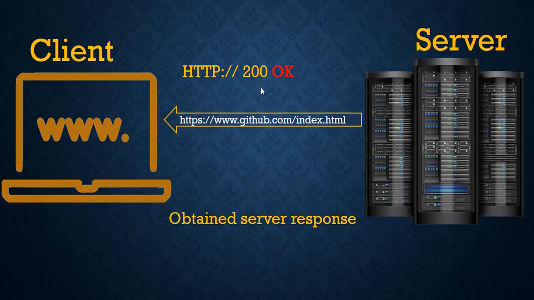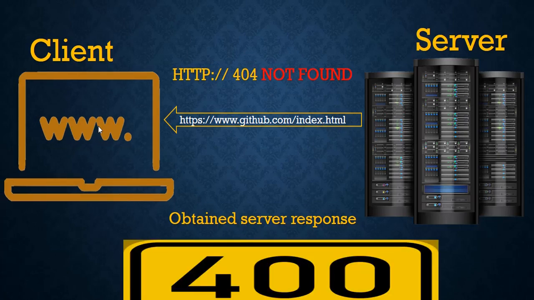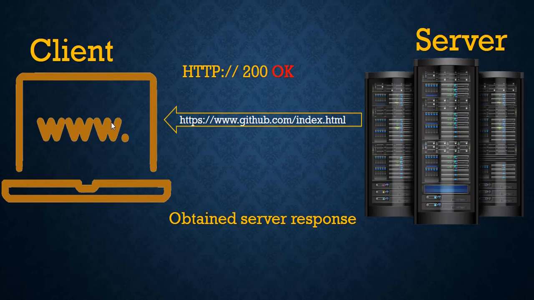Then it gives you a status code of HTTP 200. If it's 200, it means it's okay, your index.html file is there. Then it sends it back to your browser. Then your browser now has the HTML file, and HTML is just Hypertext Markup Language. It's used to make the structure of the website.